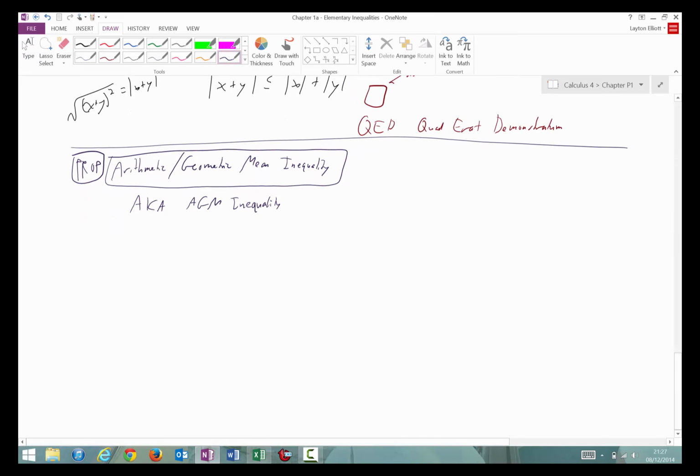So the AGM Inequality states, for two non-negative numbers, the geometric mean is at most the arithmetic mean.